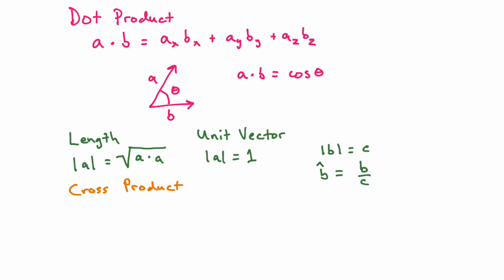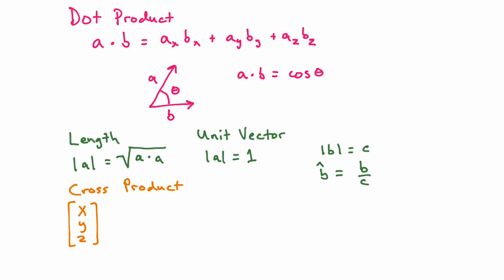So now let's talk about the cross product. The easiest way to do this is if we have our vector x, y, z, we can go ahead and just simply pairwise start with the next component.